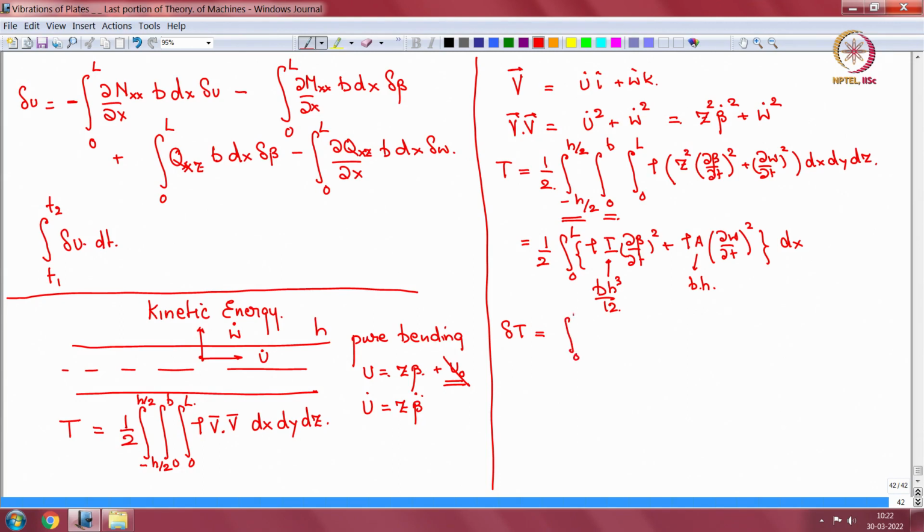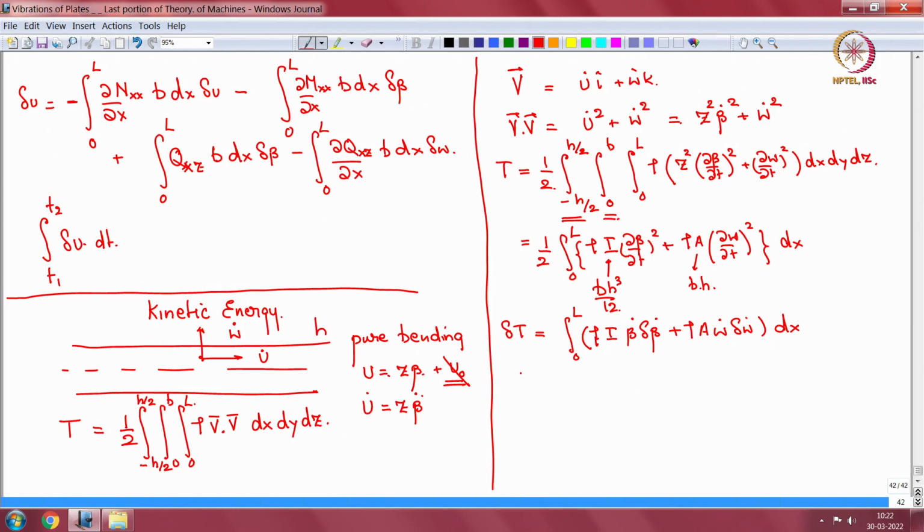Now the variation of this thing is given by integral 0 to L, rho I beta dot delta beta dot plus rho A w dot delta w dot, dx. Now we have to do the combination.